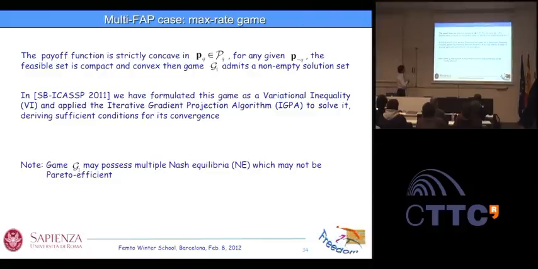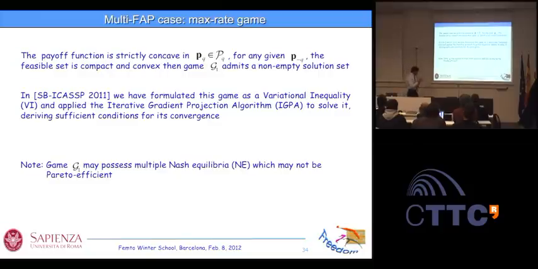Then in a previous paper, we showed how to solve this game and find the equilibrium through a variational inequality approach, which allowed us to propose an iterative gradient projection algorithm. I will not go into the details of this, as it is already in the literature, because I want to concentrate on other things.